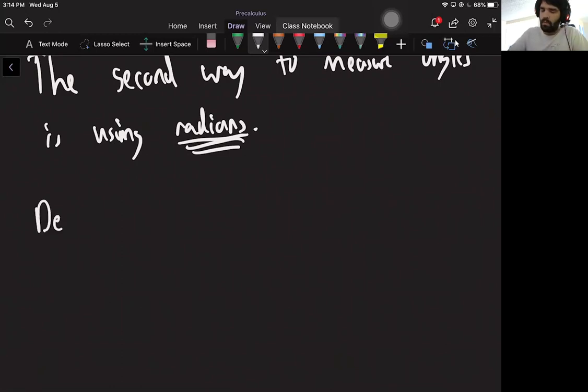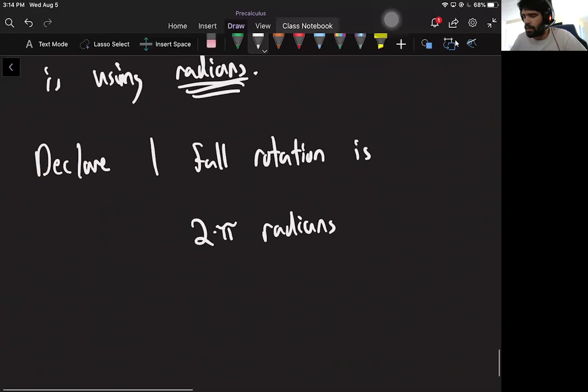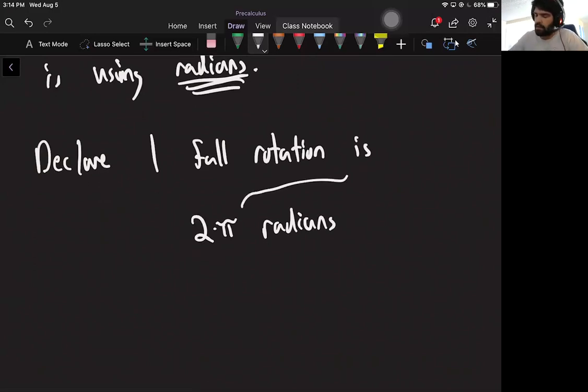So we declare, I do declare, that 1 full rotation, 1 complete rotation, is this many radians. How many radians? It's going to be 2 times pi radians, where what the heck is pi? Pi is this fancy number.